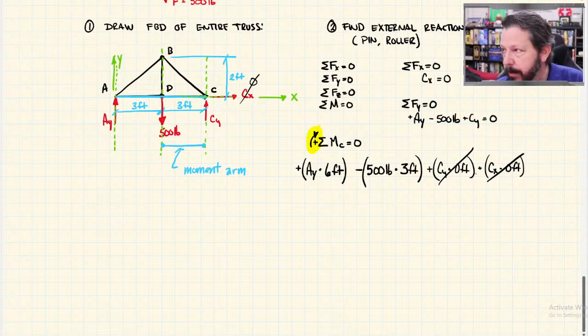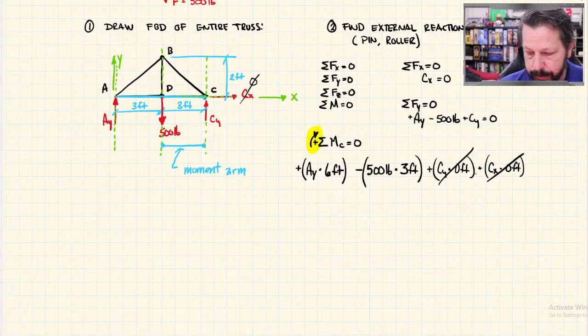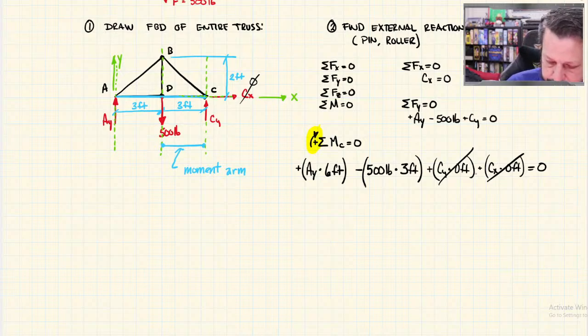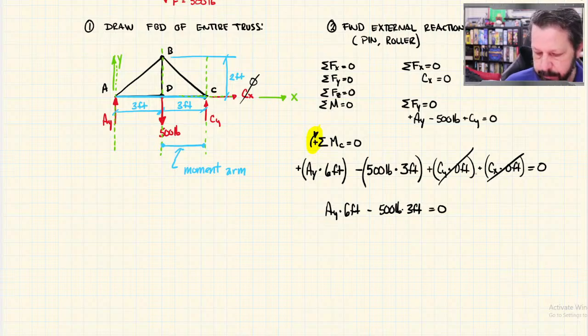As you get more comfortable doing this, and just through repetition, it'll be much simpler and much more intuitive what you're doing. But what I've written now is an equation I can actually solve. So rewriting, well, it equals 0, right? So rewriting the equation, it's just AY times 6 feet minus 500 pounds times 3 feet equals 0.